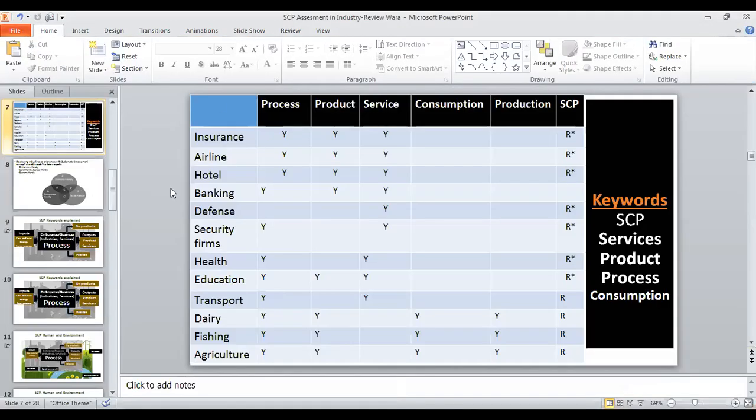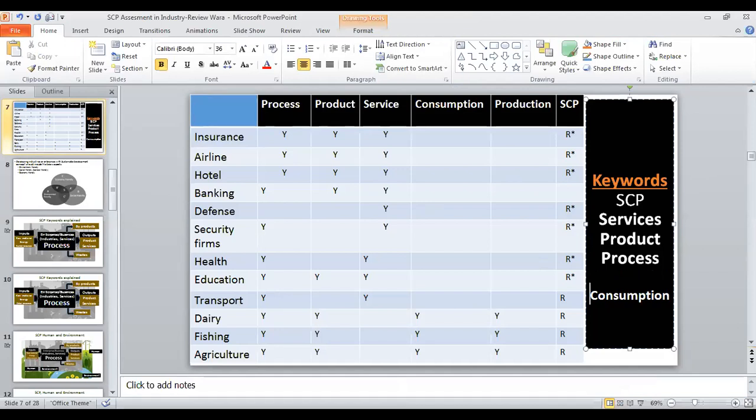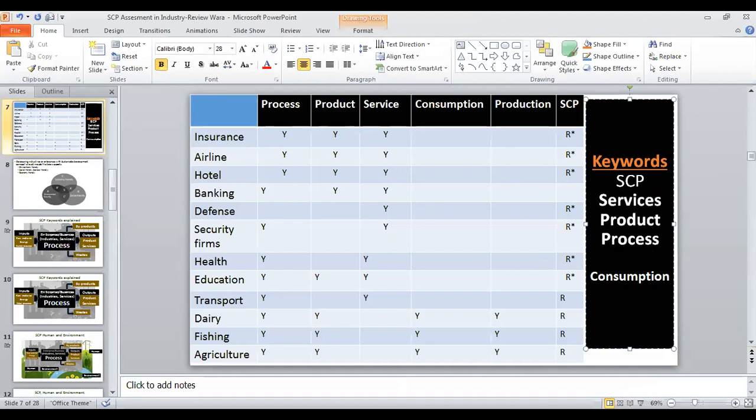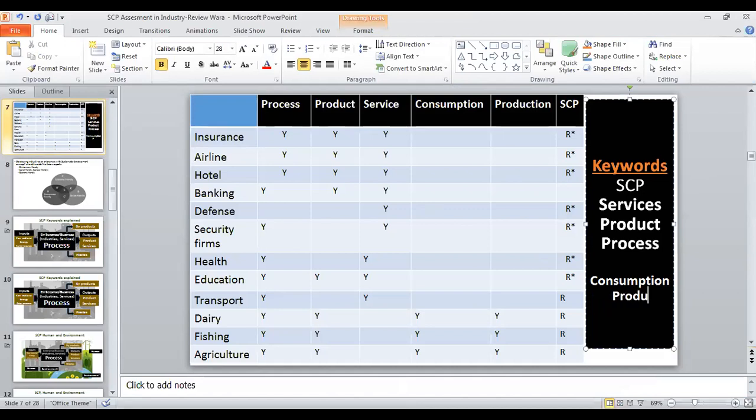Yeah, I hope you can see this slide well. So the keywords: SCP, services, product, process, consumption, and also production.